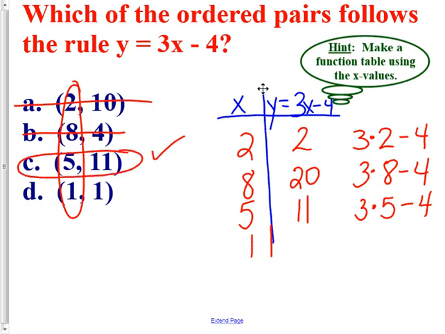Let's look at our last one just to make sure that there's not a trick question and there's not two answers to this. So our last one has 3 times 1 minus 4. 3 times 1 is 3, and 3 minus 4 is negative 1. So 1, 1 is not going to work. So the only one of these ordered pairs where the rule works is C, 5, 11.